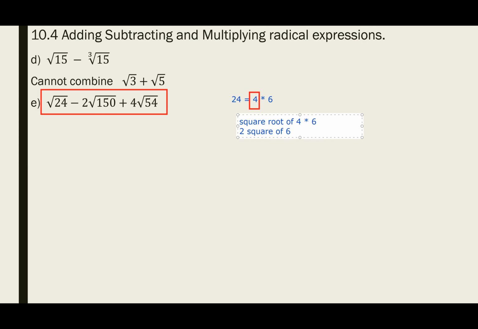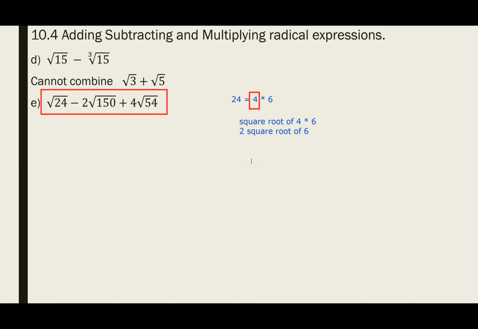The 6 is not a perfect square, so the 6 stays on the inside. What can go out of the square root? The only thing that can go out of a square root is a perfect square. In this case, it is 4.